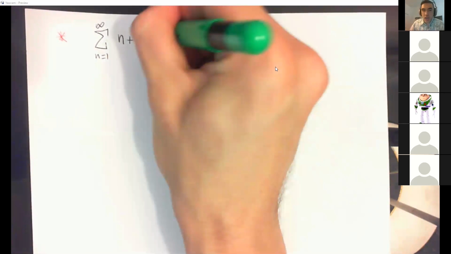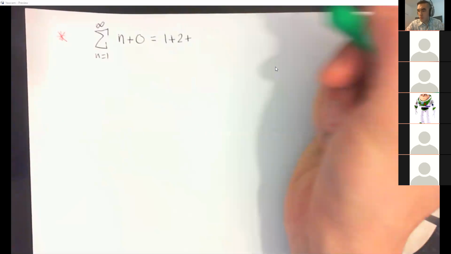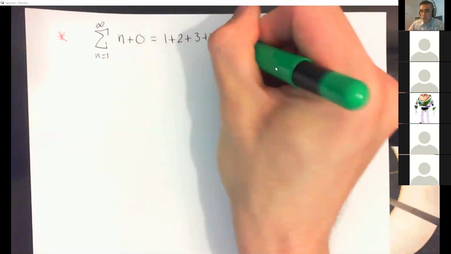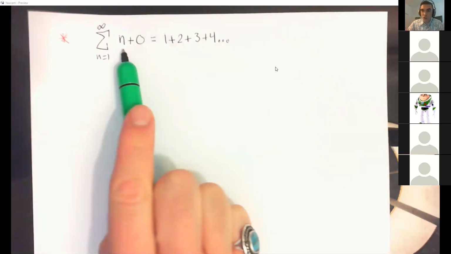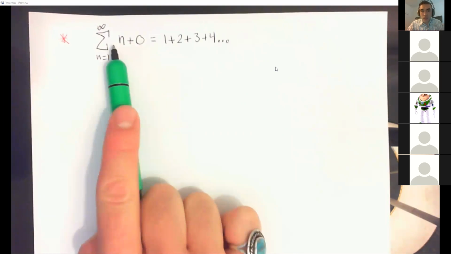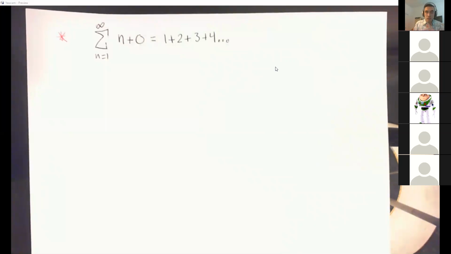And then the next one would be 2, and then the next one, 3, right? So this is literally just the set of instructions to add up the counting numbers. The only value is going to be n, the common difference is implicitly 1, and there is no baseline value. So this is just 1 plus 2 plus 3 plus 4 plus 5 plus 6 plus 7 plus 8 plus 9 plus 10, all the way down.